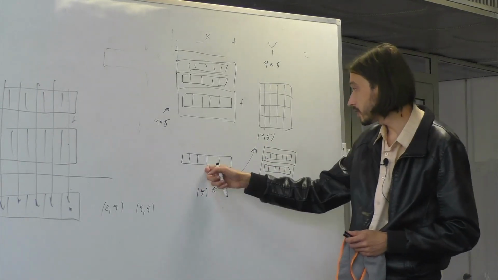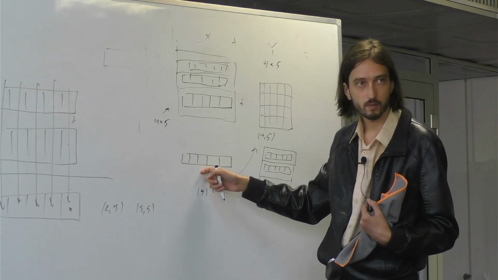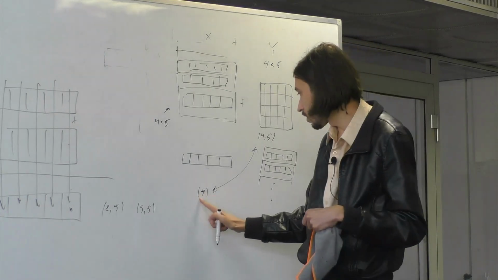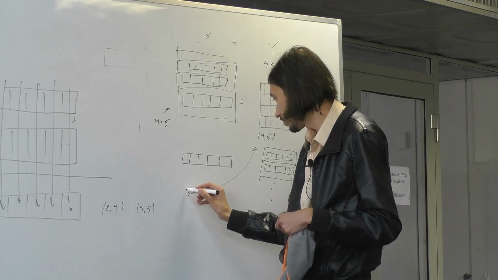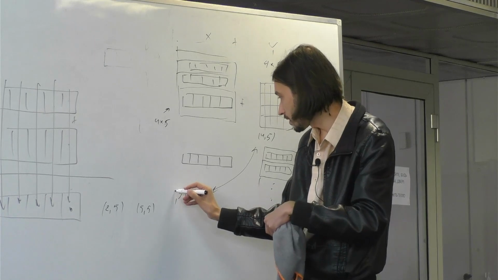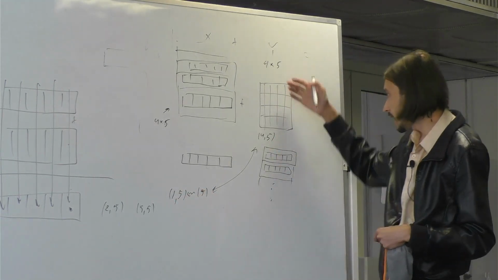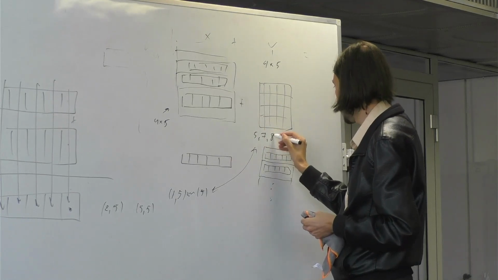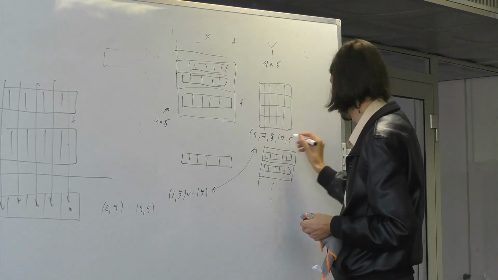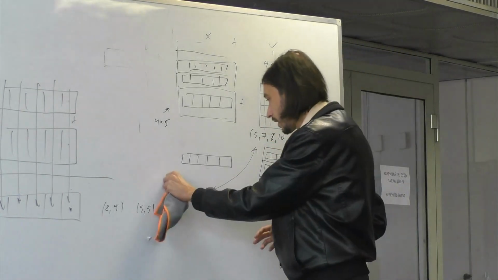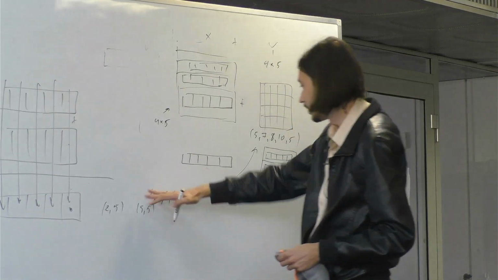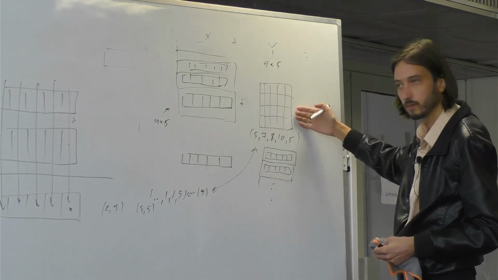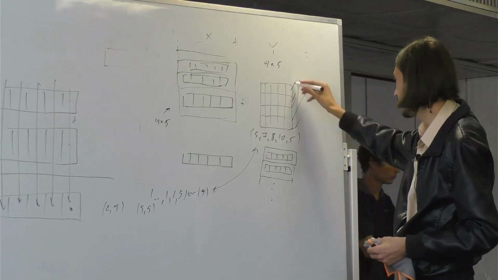We see that this array has a lower number of dimensions, so I am padding its shape with ones on the left side. I'm transforming this 5 into what? On the left side, I'm adding ones. If we had an array with the shape, let's say, 5, 7, 8, 10, 5, once again I would take this array and add some 1, 1, and so on, as many ones as I need to match the number of dimensions, if this is something more complicated and multi-dimensional.